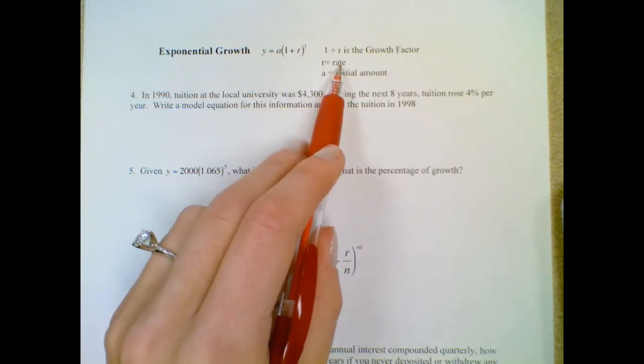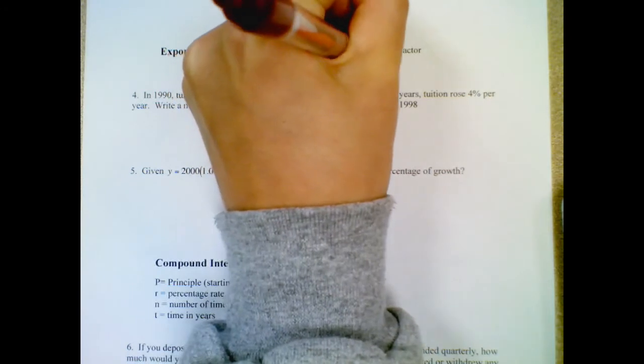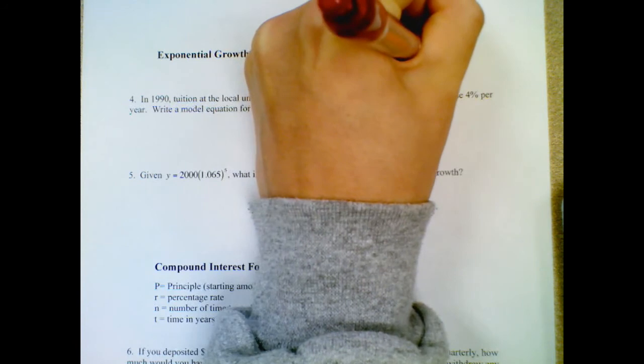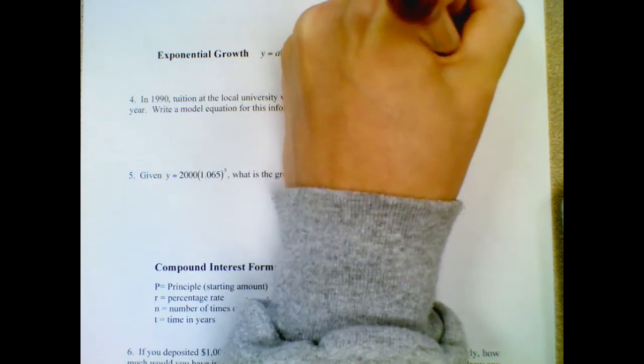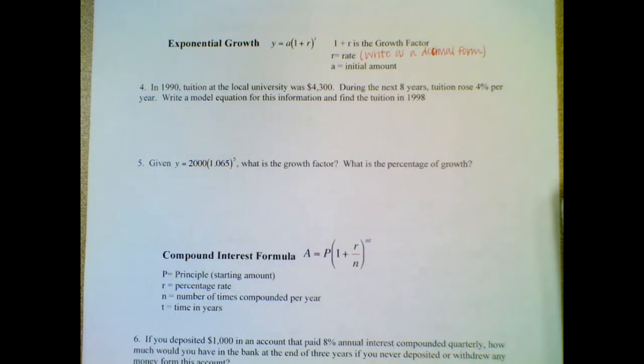This needs to be written as a decimal, in decimal form. And then your initial amount is your A value.